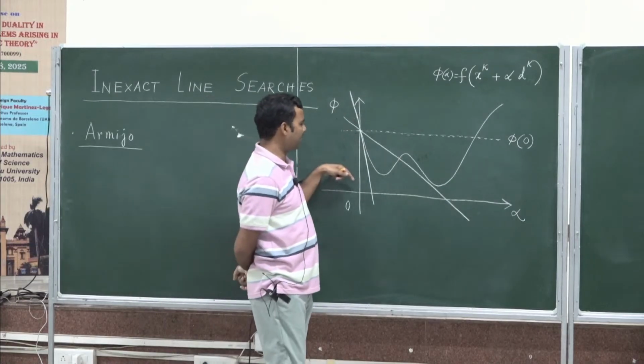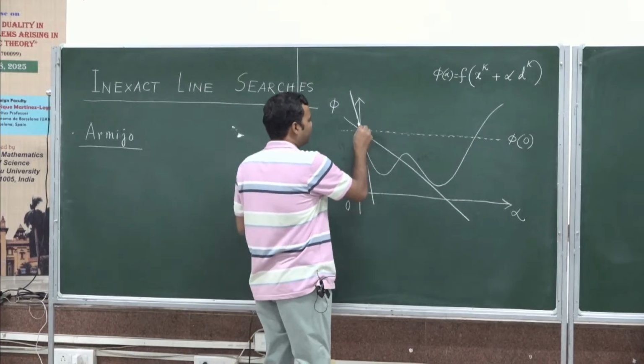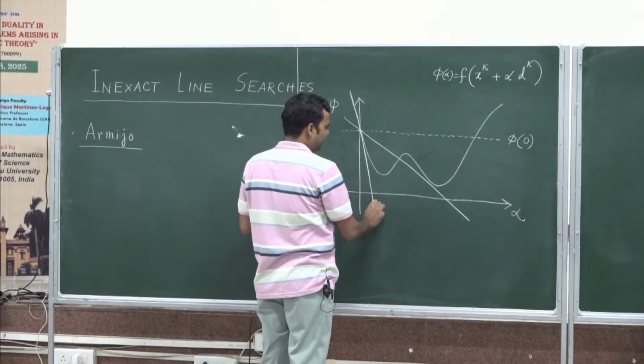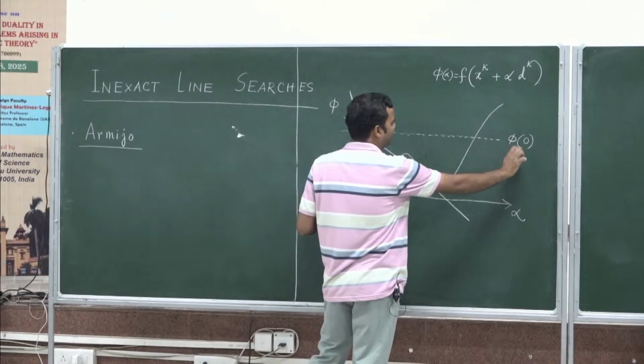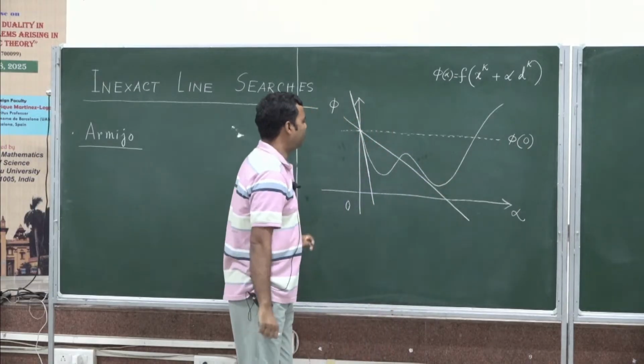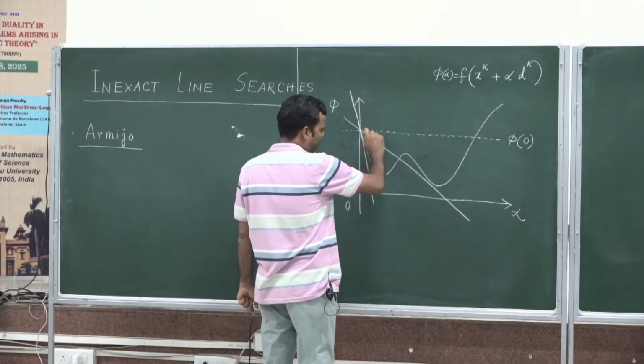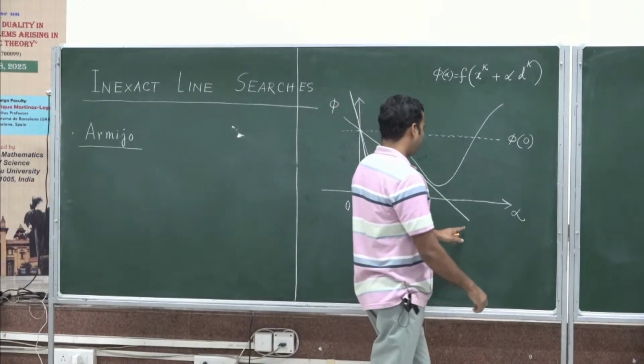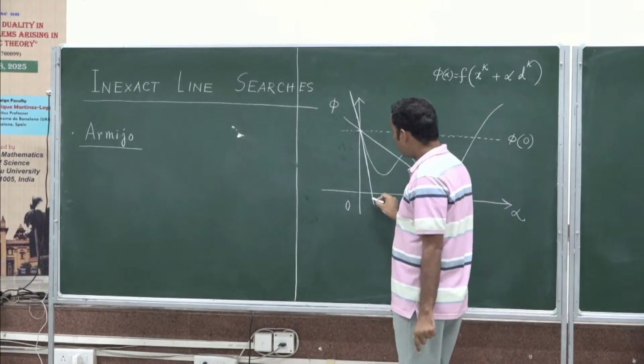From this perspective as well, consider a line that lies in between this tangent line and the line y equal to phi 0, and in between these two lines I have to choose a particular line. What is the slope of this particular line?